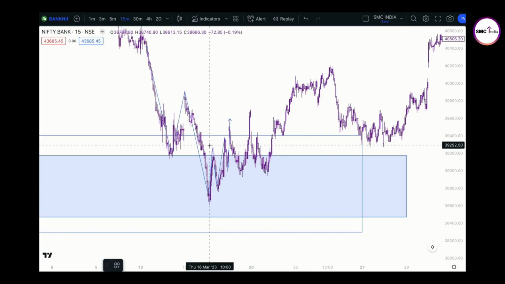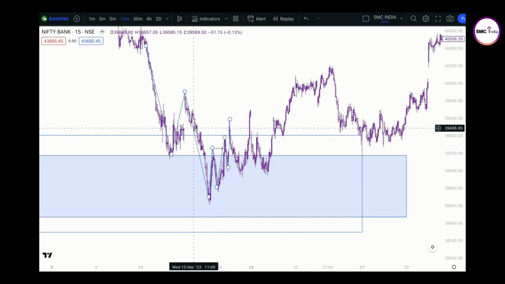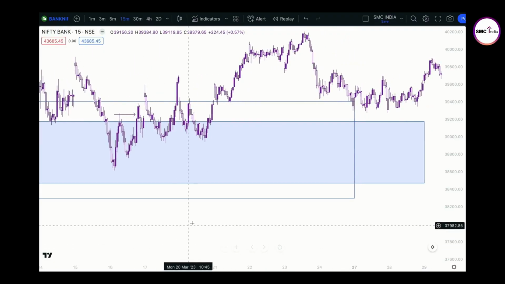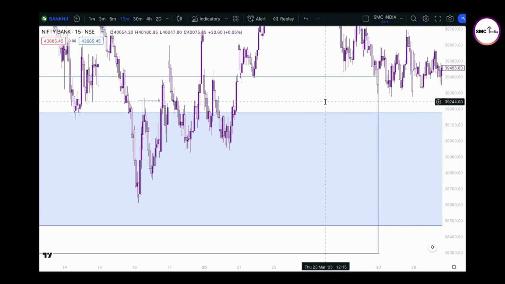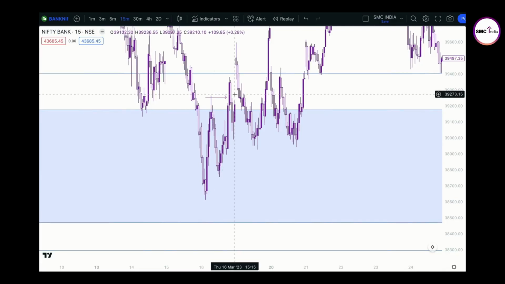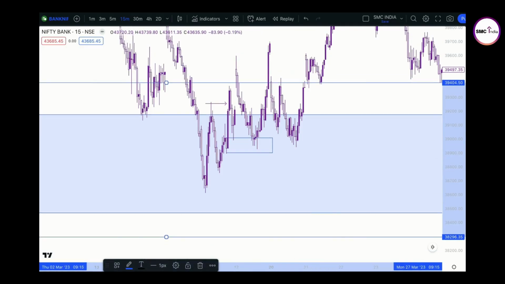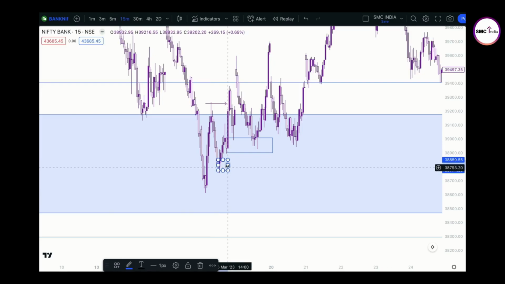So this is a valid change of character up here. So I'm removing this arrow and I'm focusing on this zone. When you see this change of character towards the upside and you see a valid order block here, another order block down here.